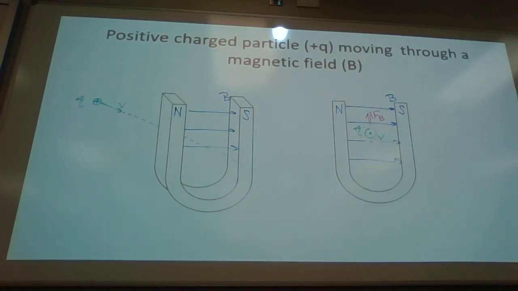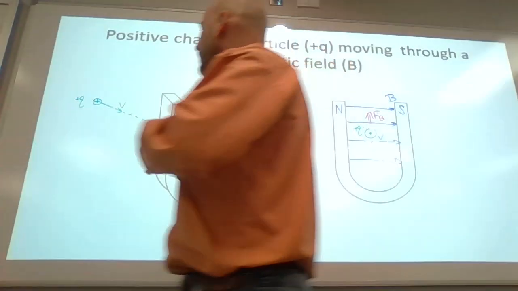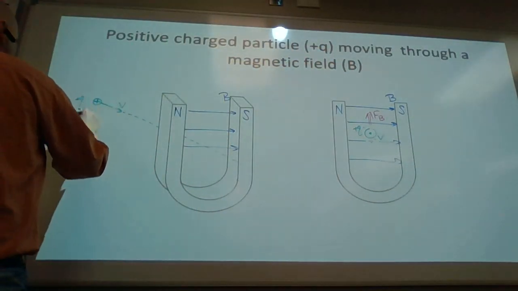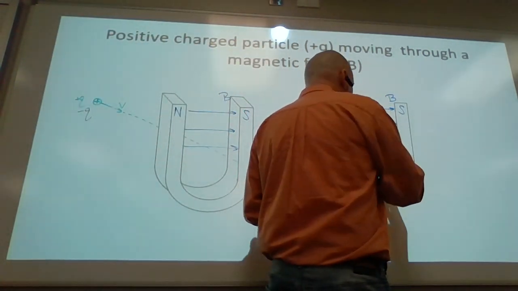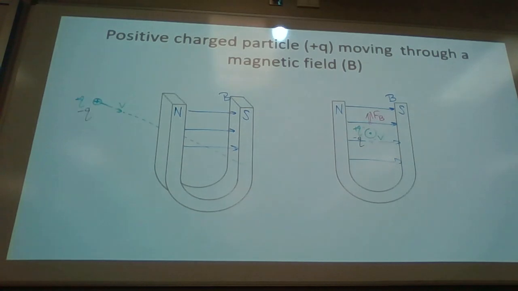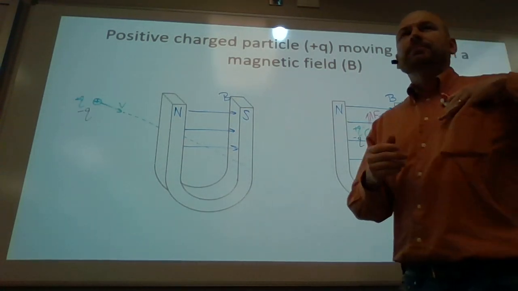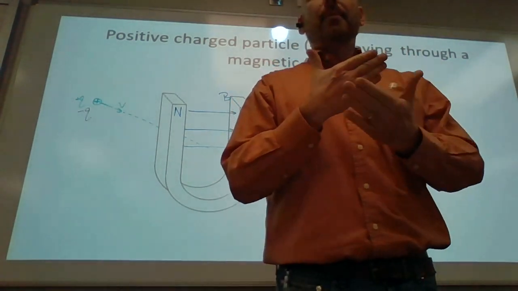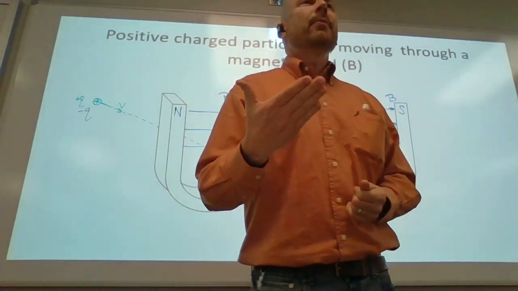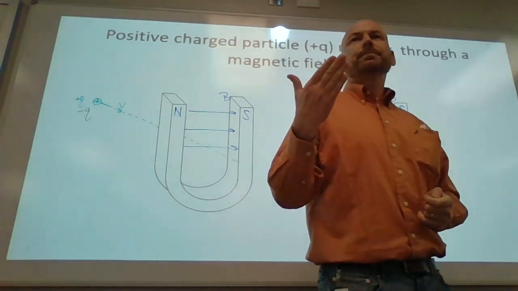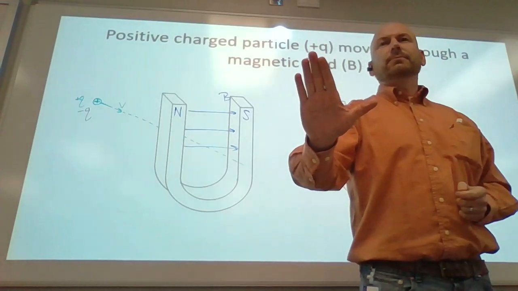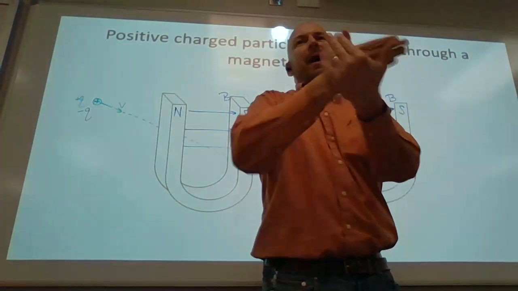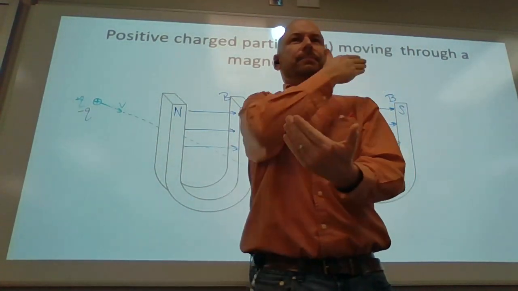Good? Now, the exception is if this is negatively charged. If it is negatively charged, then you are going to push not with your palm, but with the back of the hand. The way I remember that is palm pushes positive. When you get backhanded, that's a negative connotation.